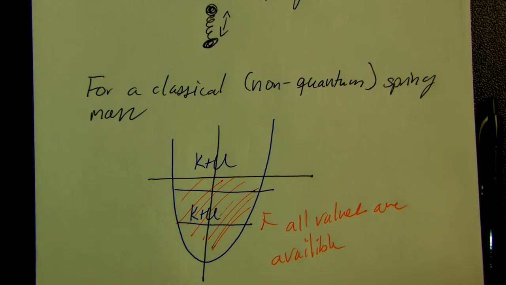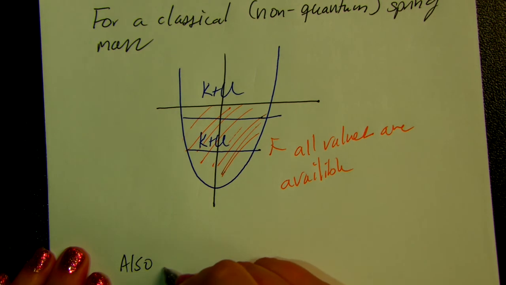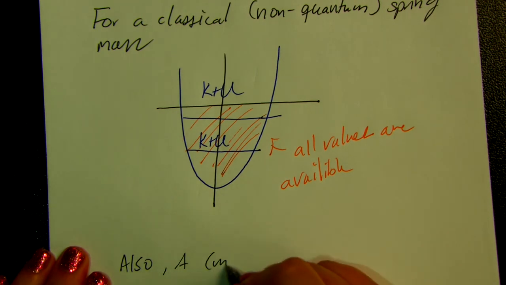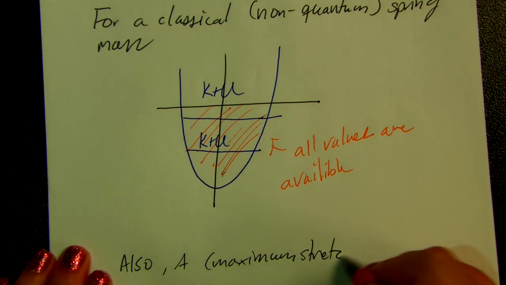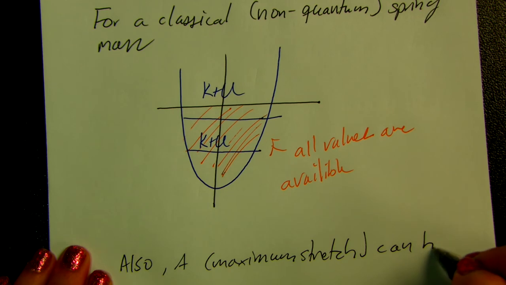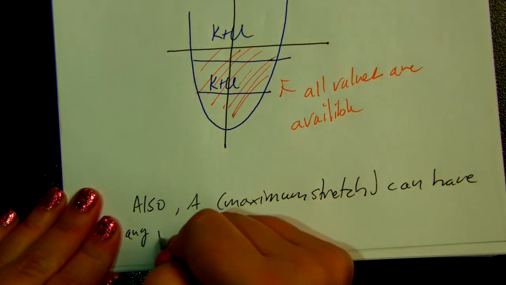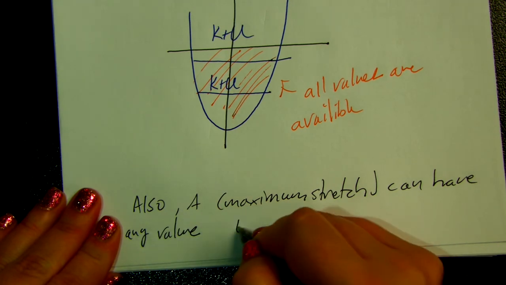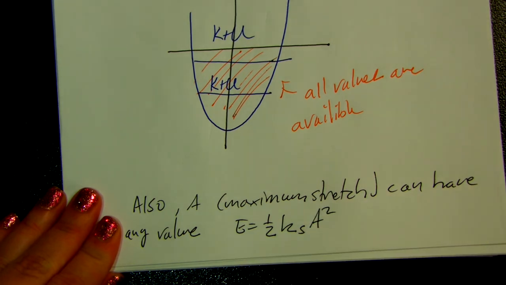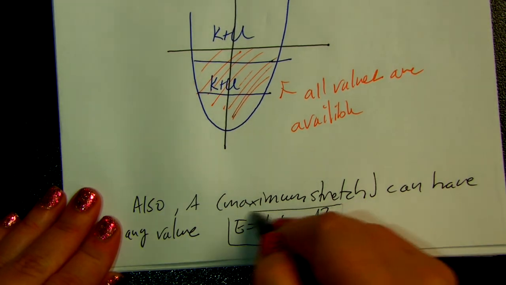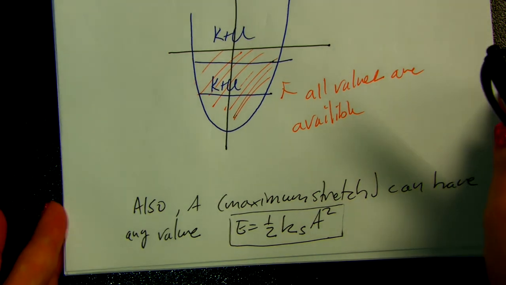Also, what this also implies is that A, which is the maximum stretch or amplitude, can have any value. So energy is equal to 1/2 Ks A squared, which we've seen before. So this is the classical expression of the spring system, but we need to do a quantum update.